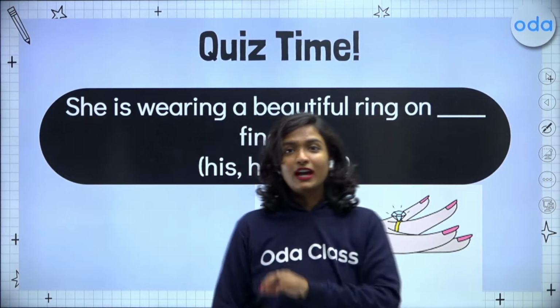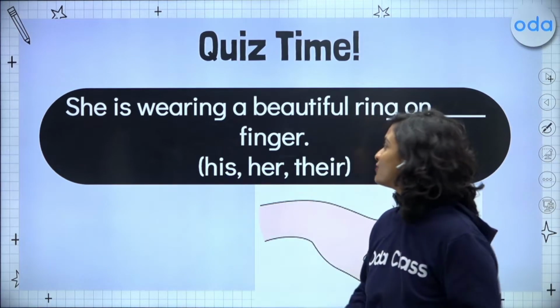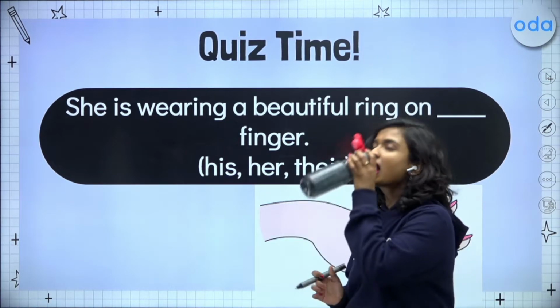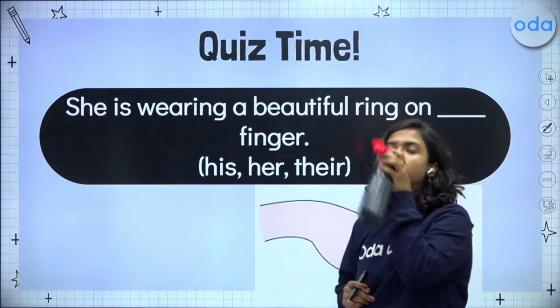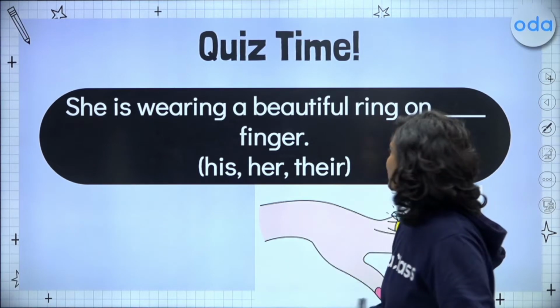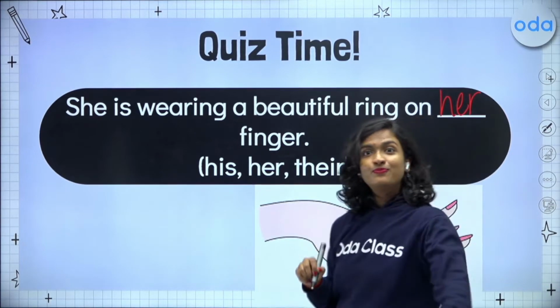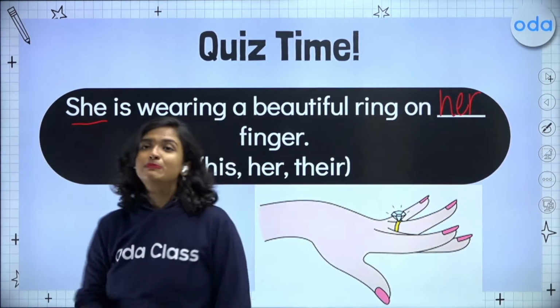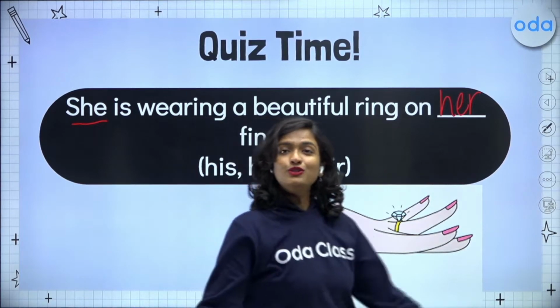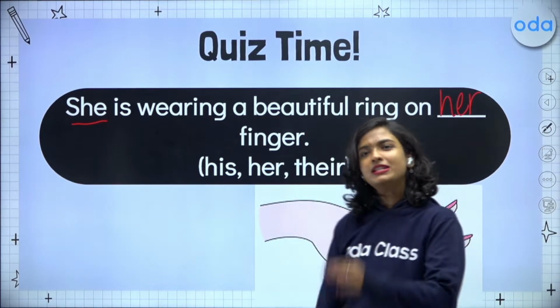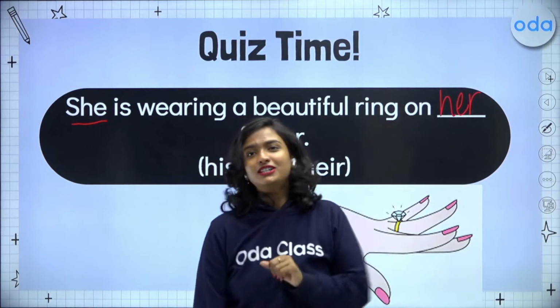What do you think? I will give you 1 second to figure this out, students. Okay, so because I am referring, right, she means singular third person feminine. So I will use my singular third person feminine possessive, which is her.